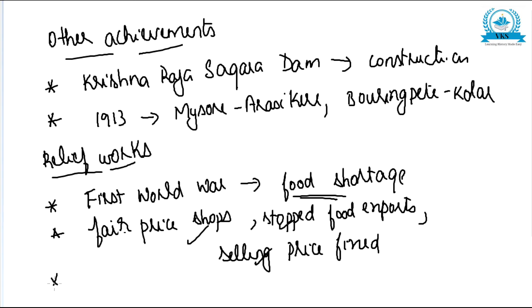He finally resigned his diwanship in 1918. So during his diwanship, the First World War started, and there was severe food shortage. In order to solve it, he took up relief work by opening fair price shops, stopping food export, and fixing the selling price.